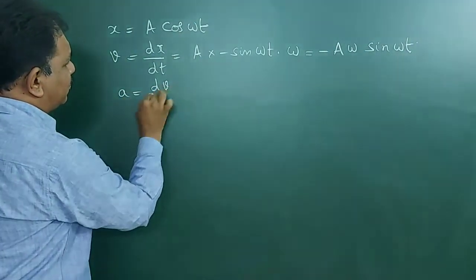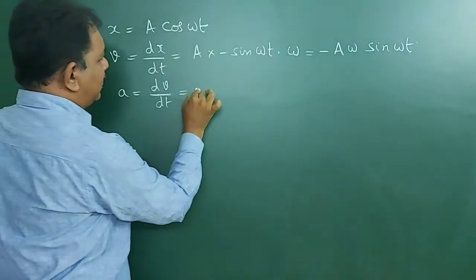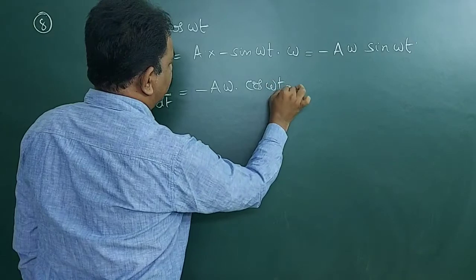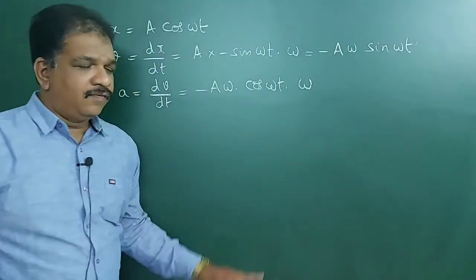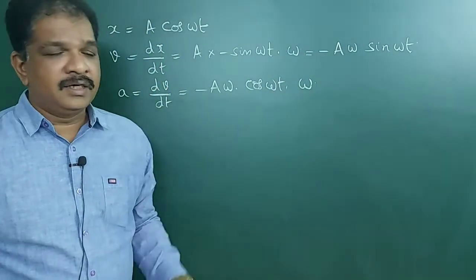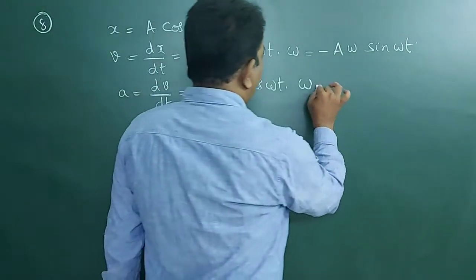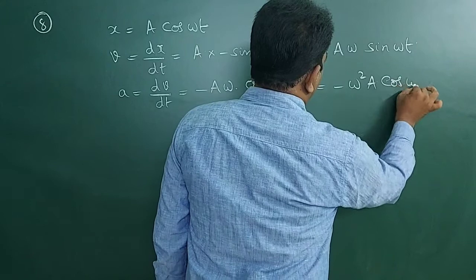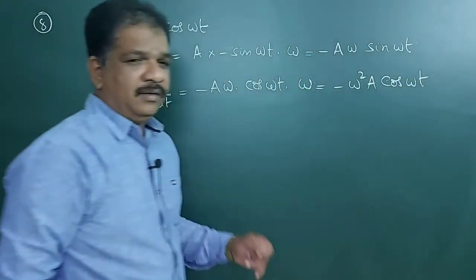Acceleration is equal to dv by dt, minus a omega into the differentiation of sin omega t, which is cos omega t into omega, so minus omega square a cos omega t.